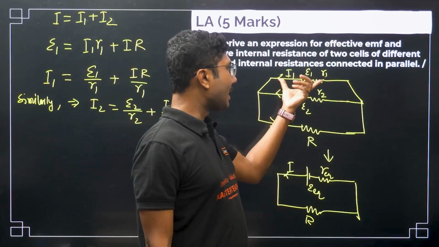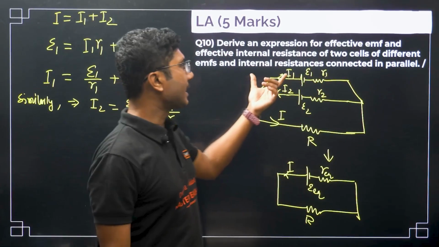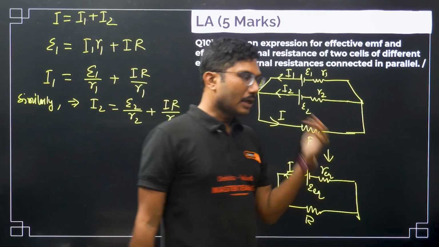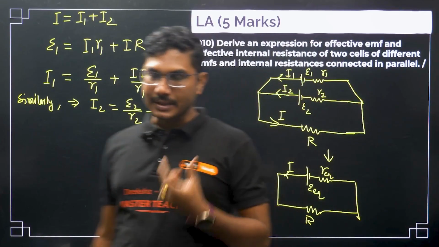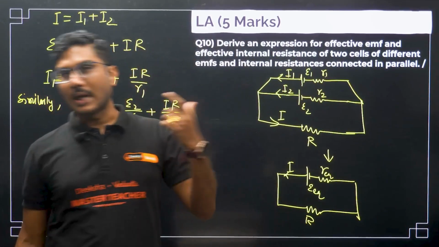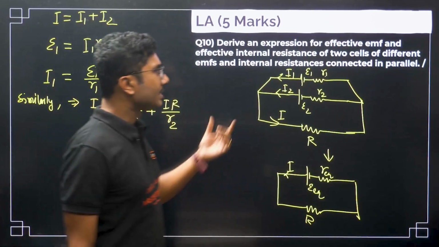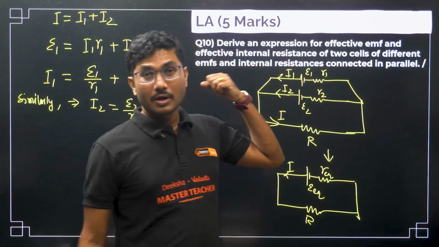This is called a branch. This is a section of the circuit, not the complete circuit, so that's why it is called a branch. For example, if you have studied SST in class 10th, then geography is a branch of SST, history is a branch of SST, right? Similarly, this is a branch of the circuit.